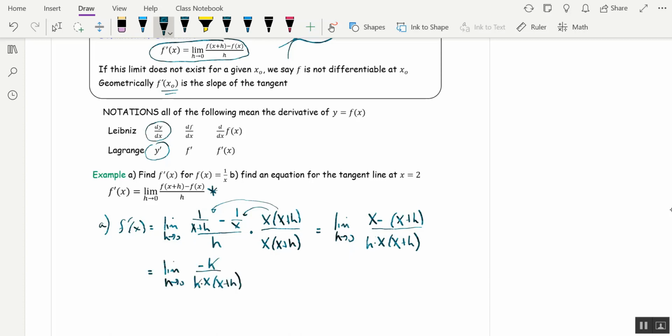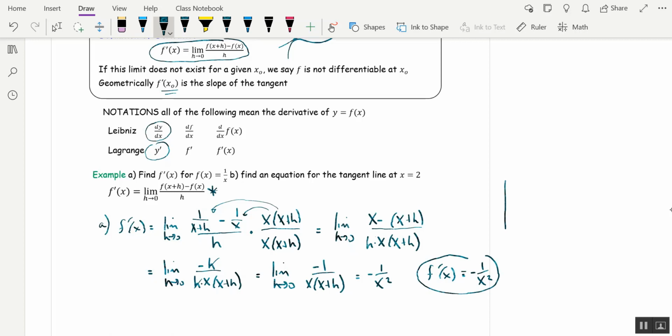Finally, I can cancel those h's so that I'm not getting 0 over 0 when I take the limit, and you do have to write the limit sign this whole time. Now I can take the limit, set h equal to 0, and I get negative 1 over x squared. So f prime of x is negative 1 over x squared. That's the derivative of that function at any point.